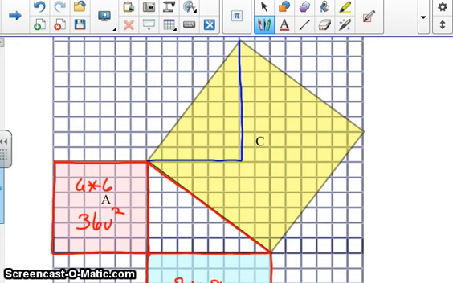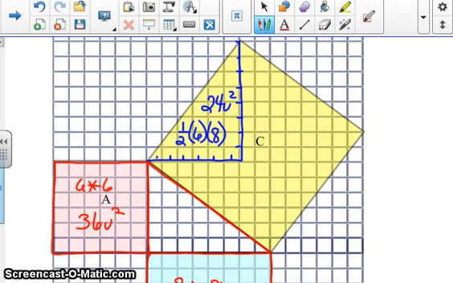On this first triangle, my base is 1, 2, 3, 4, 5, 6. So its area is 1/2 times 6, and my height is 1, 2, 3, 4, 5, 6, 7, 8. And 1/2 times 6 times 8 is half of 48, which is 24 units squared.